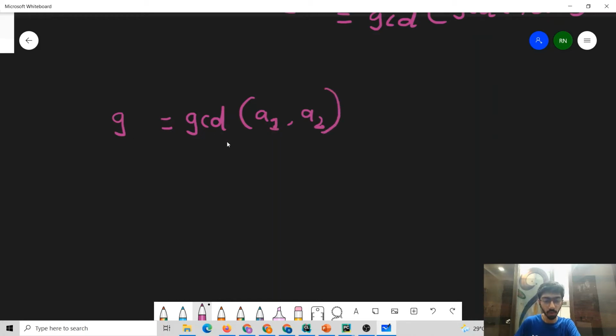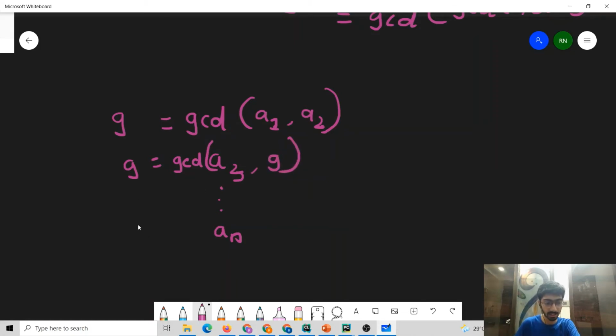After which, we take all the other elements, that is a3 to an, and find the GCD with g, and then update g with the resultant GCD. That is, g will be equal to GCD of a3 and g.